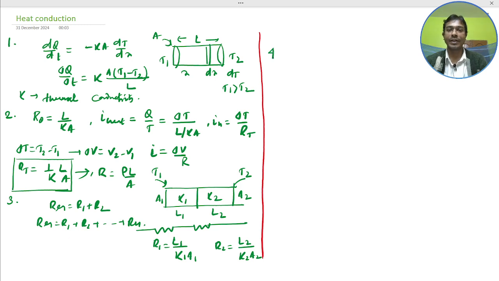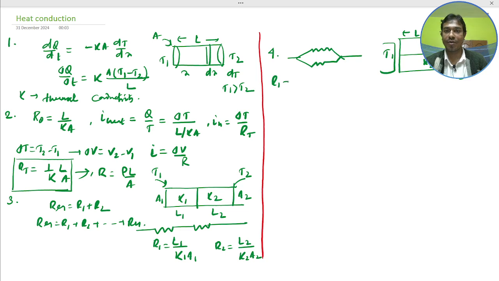Next one, the parallel combinations. So in parallel combinations, this is K1, K2, here T1, here T2, this is for A1, this is for A2, and this is length L. It is similar to the previous one.